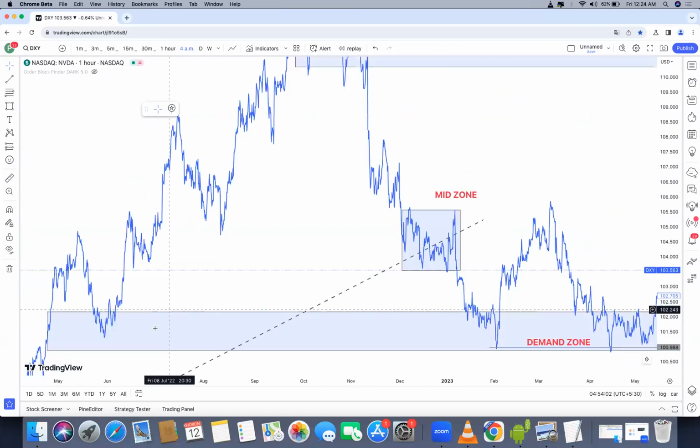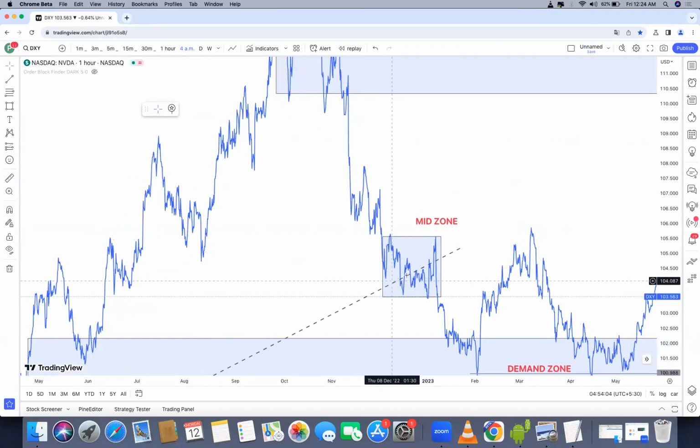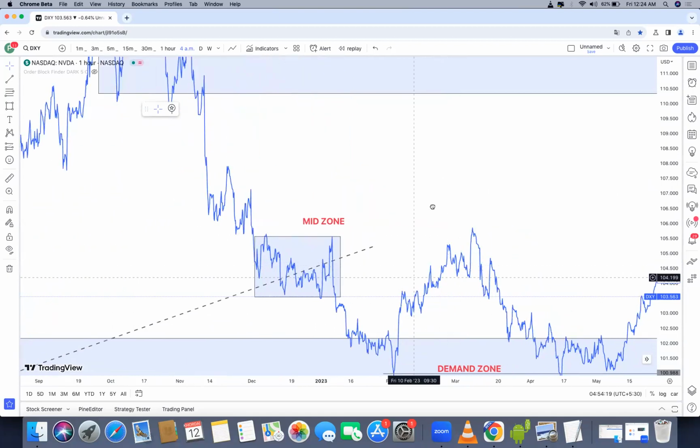Even though the price tested this, you're going to have some people who start buying from here, thinking the price is just going to bounce off this trend line and continue moving up. So the indecision took place here, creating a base. And what happened?